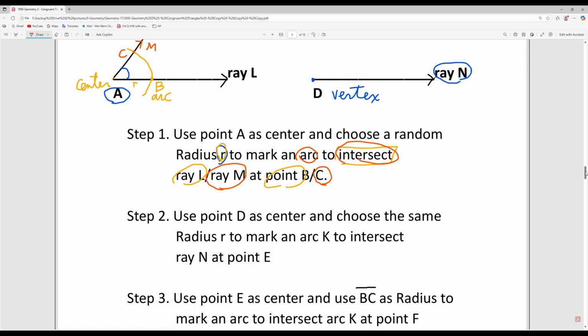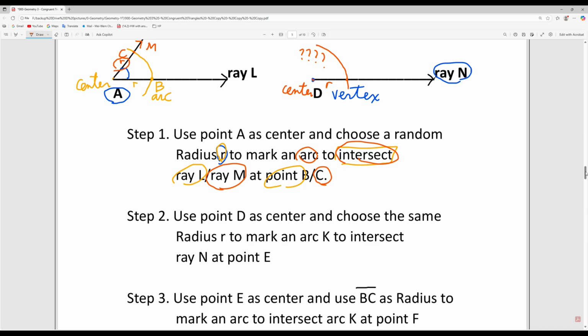So you have ABC here, and then you want to use the same radius R to make an arc on the center D. So this R, and how about the other R, right?